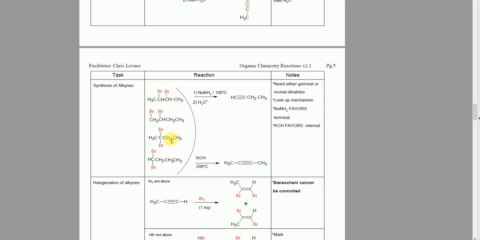So if I was trying to form this one, I can either form it on the left side or the right side, doesn't matter. If I'm trying to form the one right here where the Brs are at the very end, I'll form it right over here. This is the closest internal triple bond. I cannot form it between this carbon right here and this carbon right here. It has to be between this carbon and this carbon.